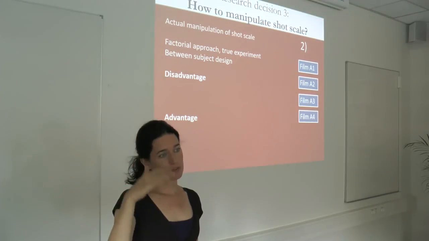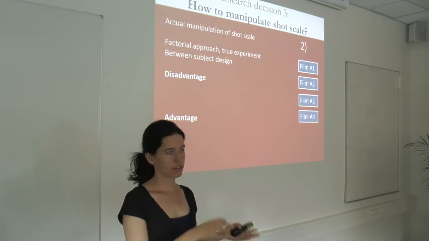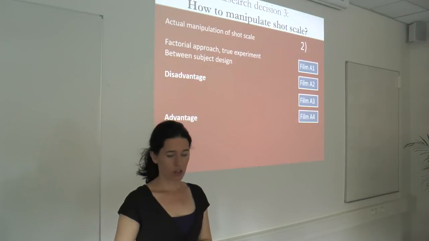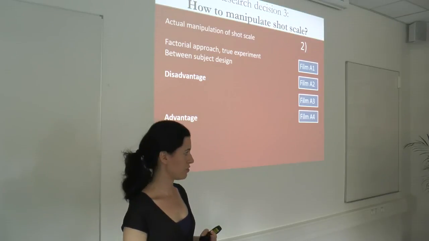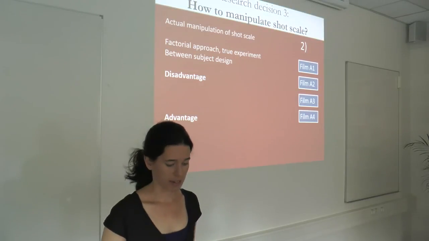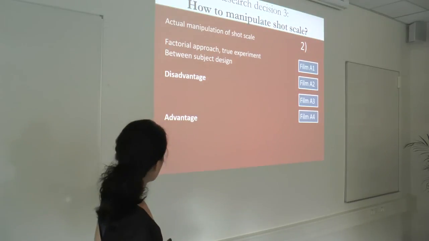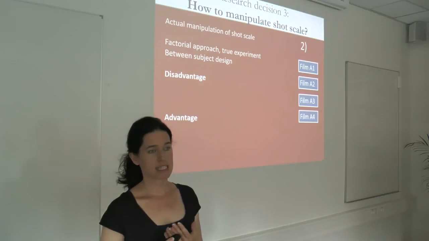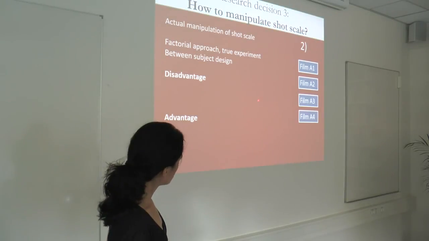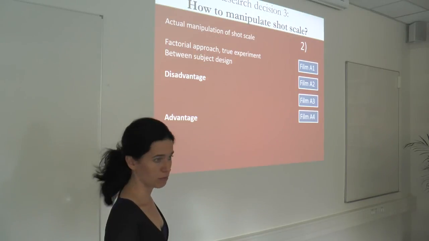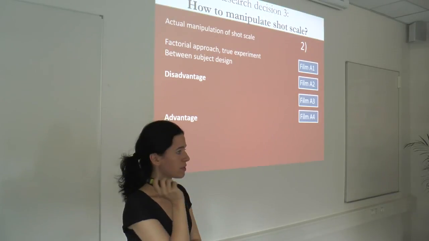Then you have many different versions of the same film, which will come to not a regression approach but a factorial approach, and you will have a true experiment, which is always highly valued in an empirical field. Then you will need to work with a between subject design, which means that a participant comes and is assigned only to one of the movies in a random way. What is the disadvantage of this? What do you think?